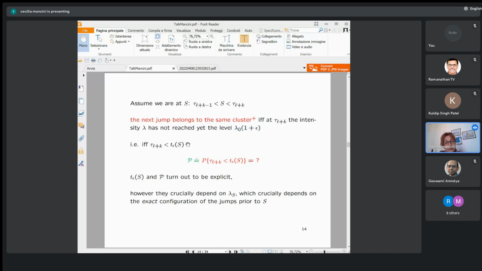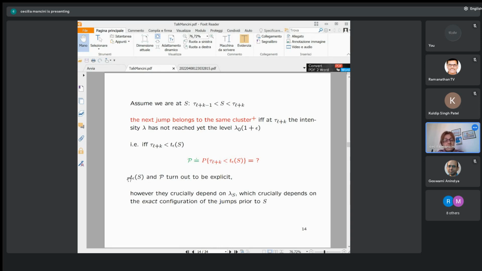So, if and only if tau L plus K comes before the end of the cluster, okay? So our problem is, what is the probability that tau L plus K still is a part of the previous cluster? So the previous cluster did not exhaust yet because it is going to produce a further jump.